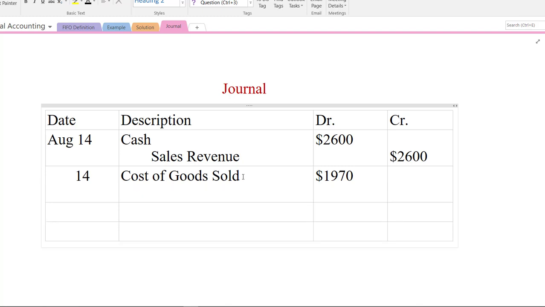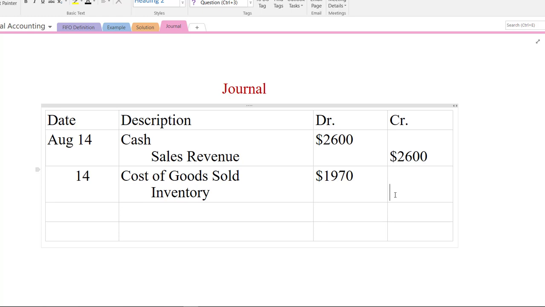The second one, students: when there is sales, obviously its effect is on the inventory. It means inventory has decreased in the business. As you all know, inventory is a current asset, and a decrease in any kind of asset is credit. Every one of you knows it, right?